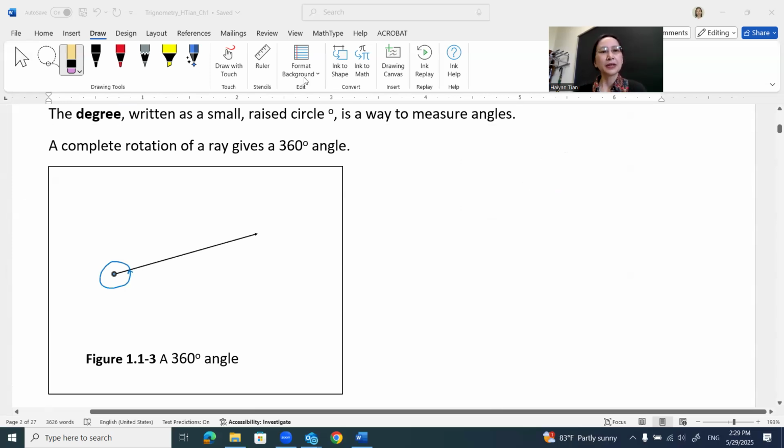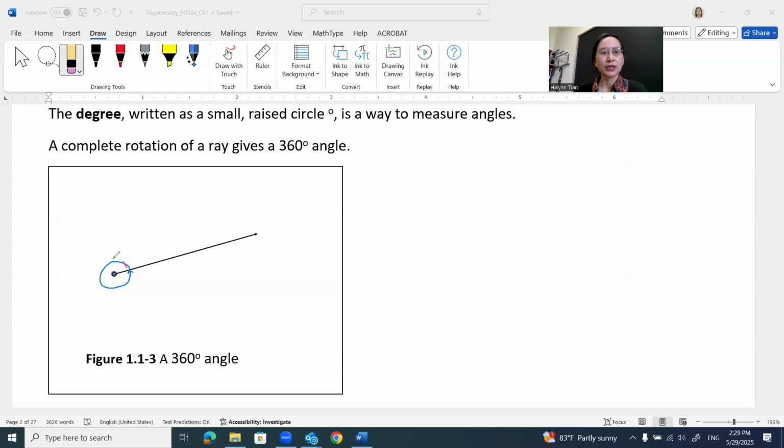What you see here, we start from initial side, and then after a complete rotation, here, the terminal side is back to the same position, right? So we have a complete rotation. This complete rotation results in a 360-degree angle.